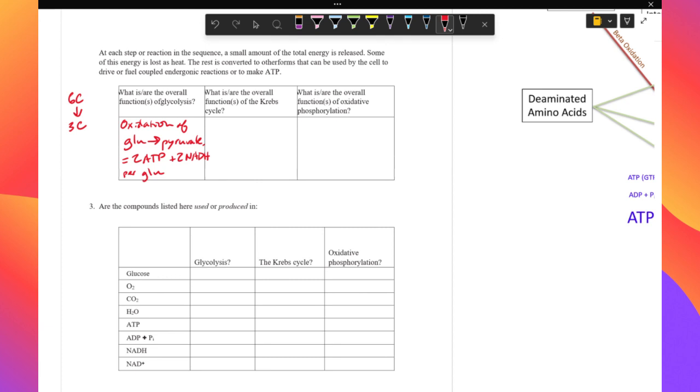What is the overall function of the Krebs cycle? Krebs cycle is then taking those 3 carbon units of pyruvate and making acetyl-CoA. Pyruvate gets transformed to acetyl-CoA and carbon dioxide. So oxidation of pyruvate to acetyl coenzyme A, and CO2 is a byproduct.